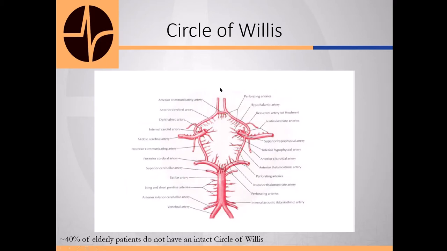It has all the names of all the arteries and all arteries that come out, every little thing. It's interesting in that 40% of elderly patients do not have an intact circle of Willis. The circle of Willis was named after Dr. Thomas Willis from the 1600s. So we've known about this for more than 4 centuries.